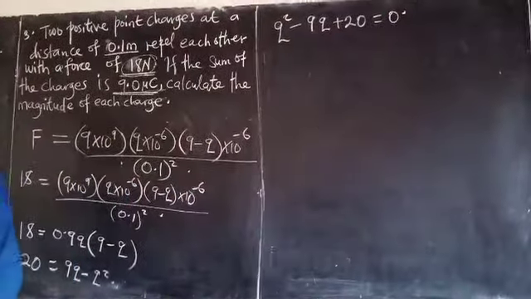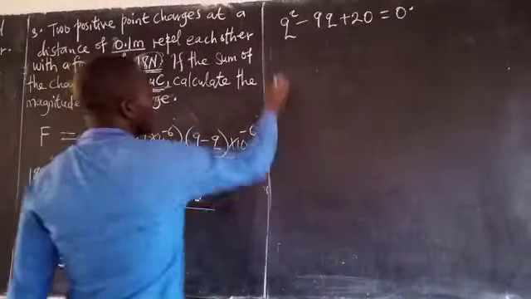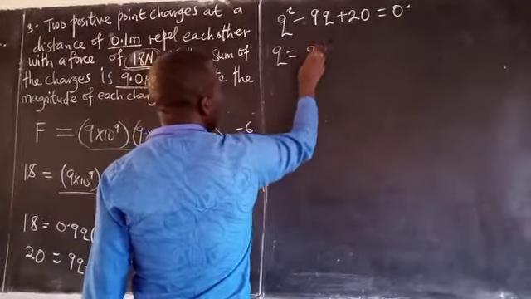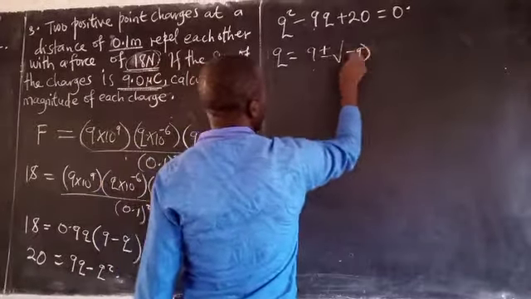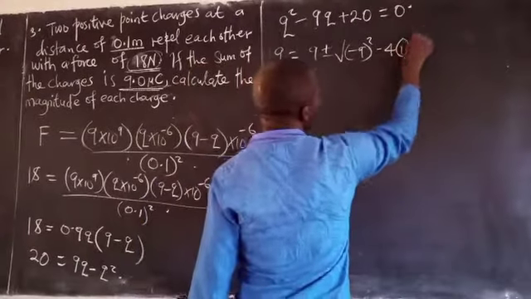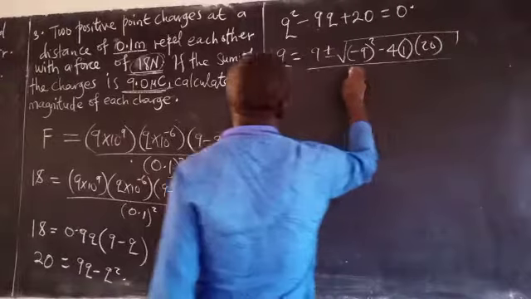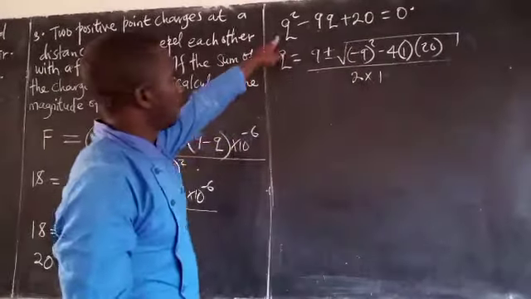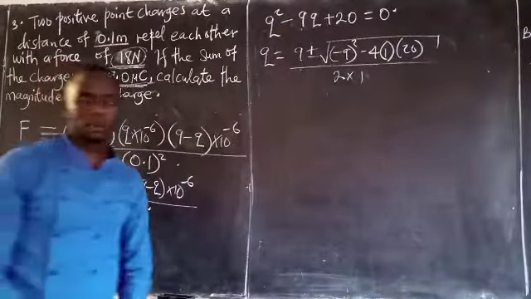And we know how we solve a quadratic equation. I can use the general formula, where q will be 9 plus or minus the square root of minus 9 squared minus 4 times 1 times 20, then over 2 times 1, where 1 is our a. Remember the general formula. You can consult mathematics.